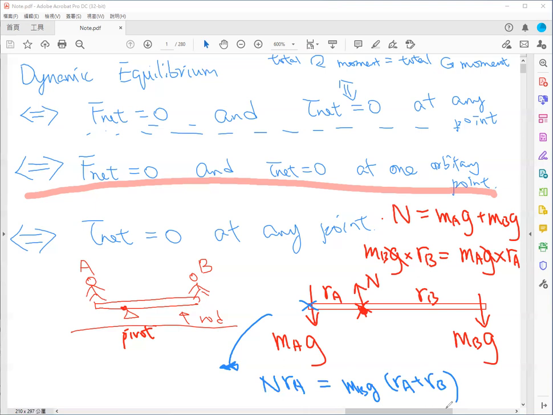Now you can try to substitute the N in this formula. After you simplify it, you will get this formula. Okay, so that can show what I mean by the above equilibrium conditions.